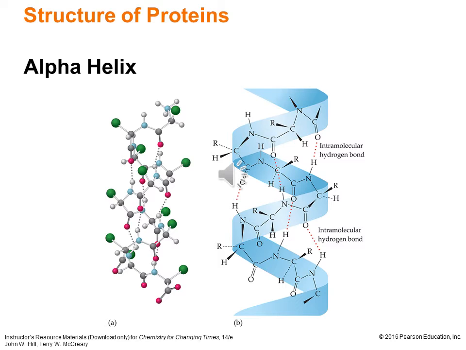And this was Linus Pauling, who was a brilliant scientist, a chemist who discovered most of the structural features of proteins. He reportedly discovered the alpha helix while he was sick one day.